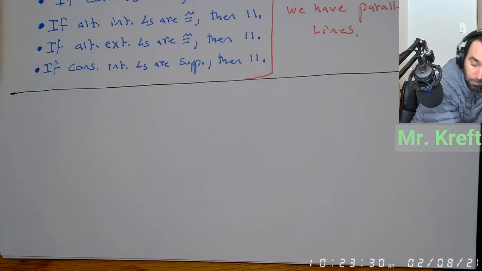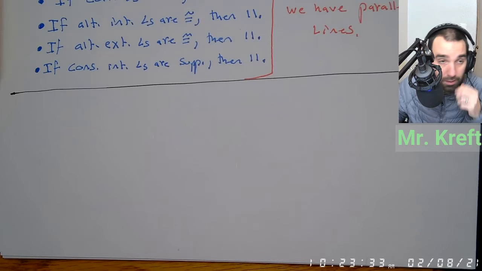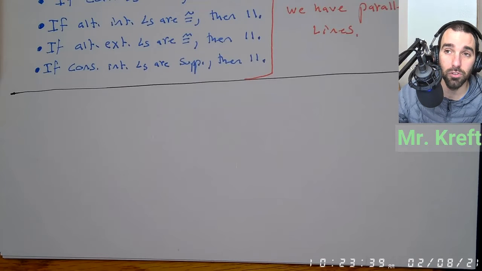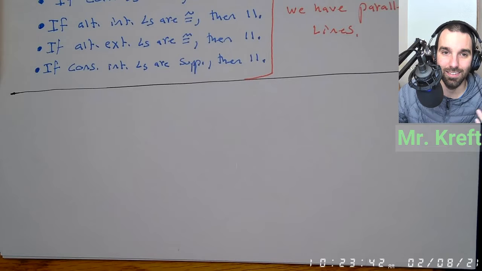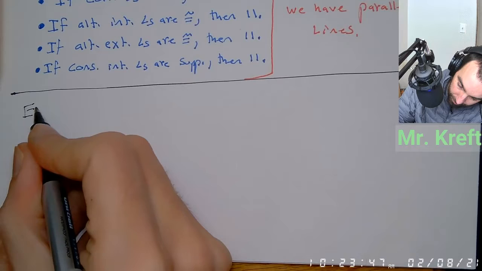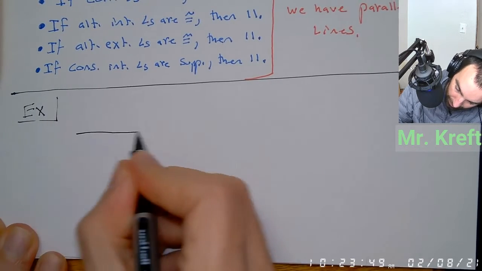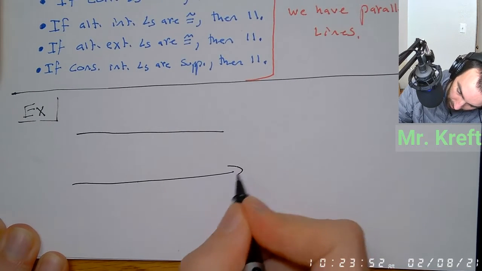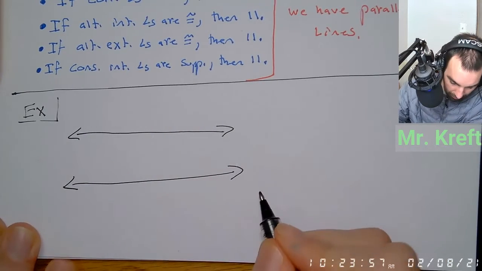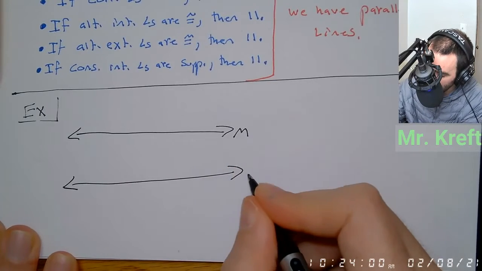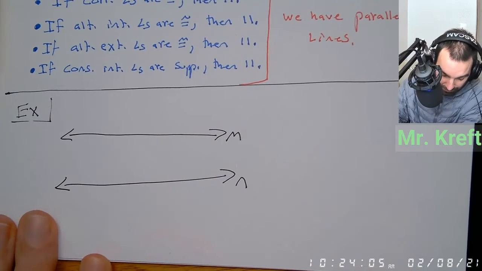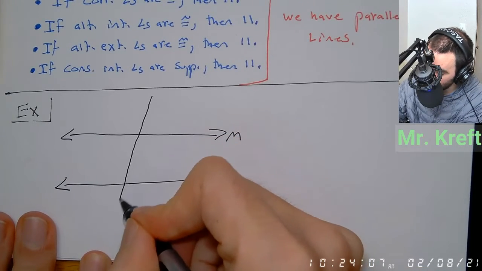So the first thing we're going to do is just a basic algebra problem, and think of this as construction. We want to make the lines parallel. So here's an example. I have two lines, M and N, and then I'm going to have a transversal going through them.